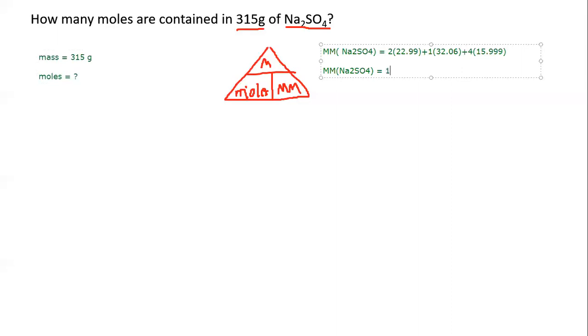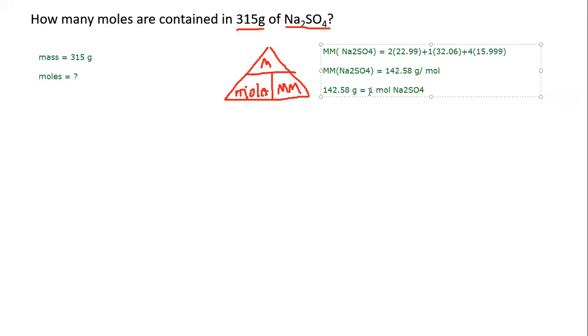And we get 142.58. This unit is grams per mole. So again, we can write this as a quality conversion factor: 142.58 grams equals 1 mole of sodium sulfate.